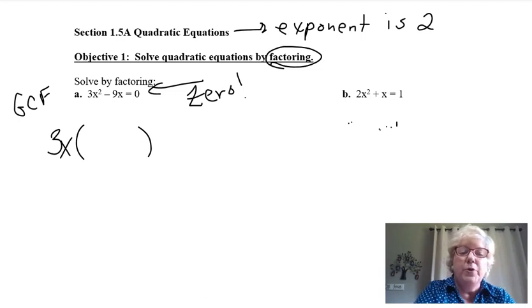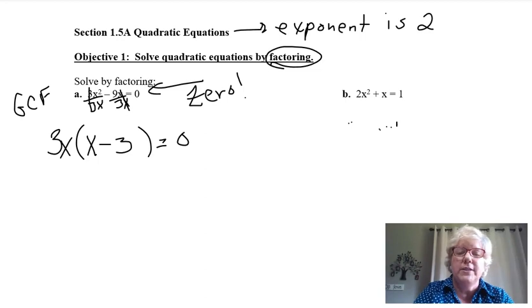Now if I divide both these terms by 3x, remember factoring is just like dividing, then that will leave me x in the first position of the parentheses, and then -9 divided by +3 is -3, like that. And bring down the equal 0.